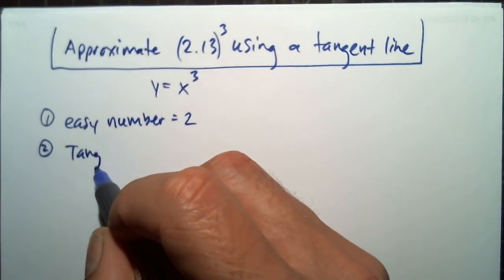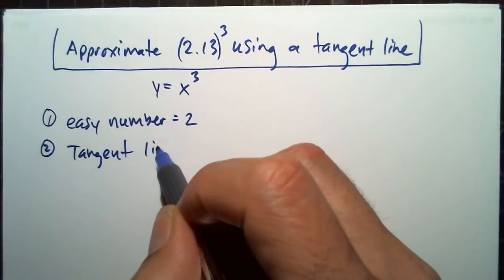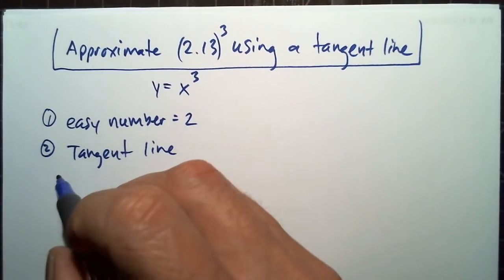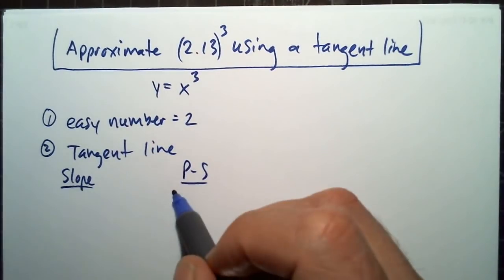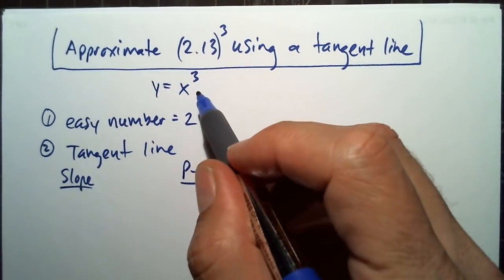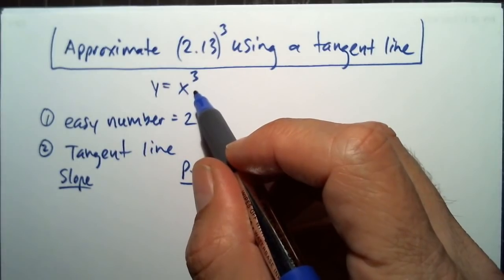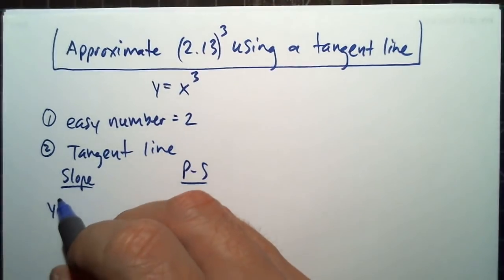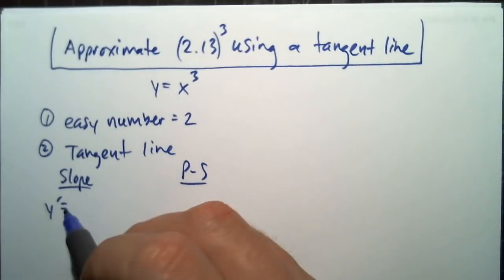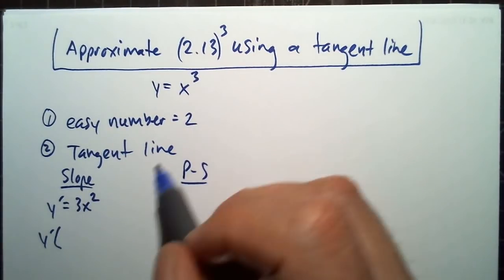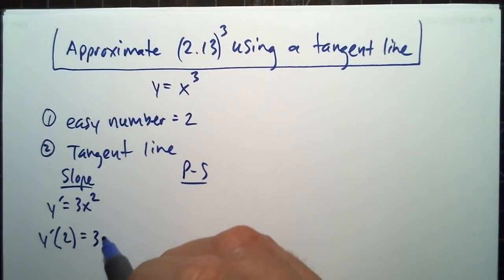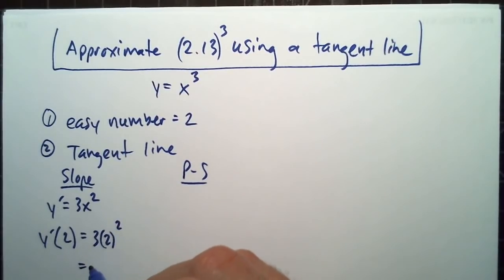Tangent line. We need the slope, the derivative of this function. y prime is 3x squared. y prime evaluated at 2: 3 times 2 squared, we get 12.